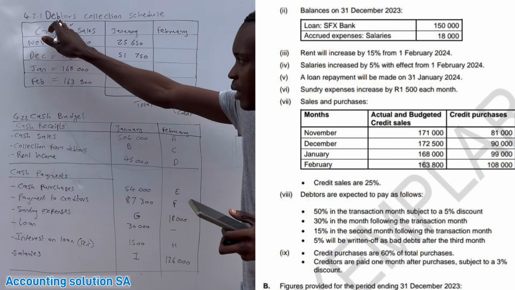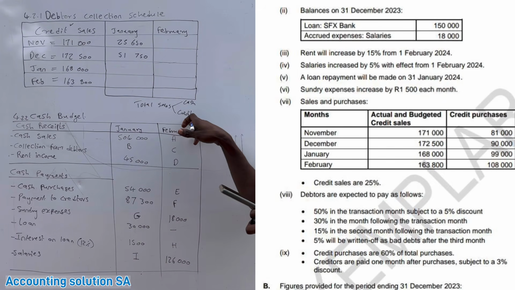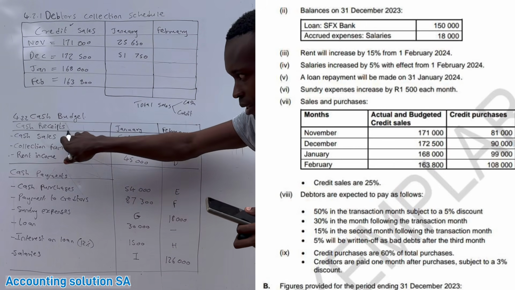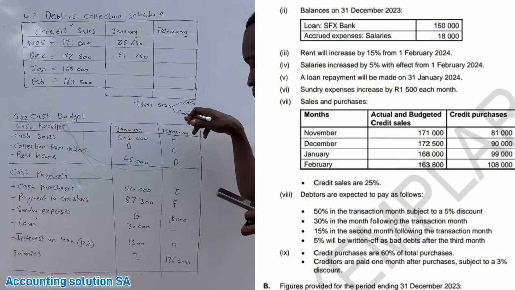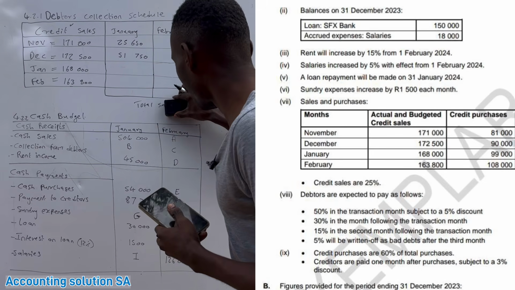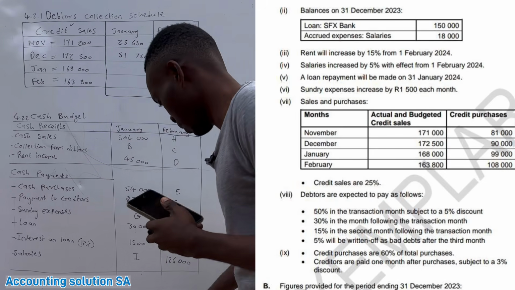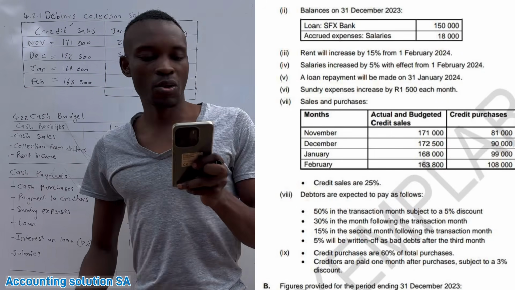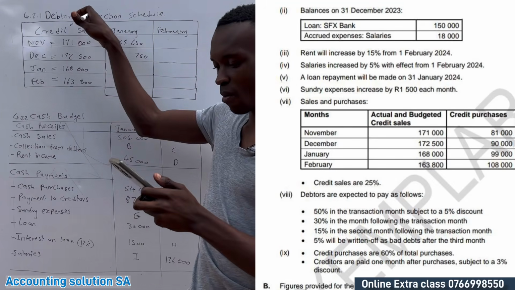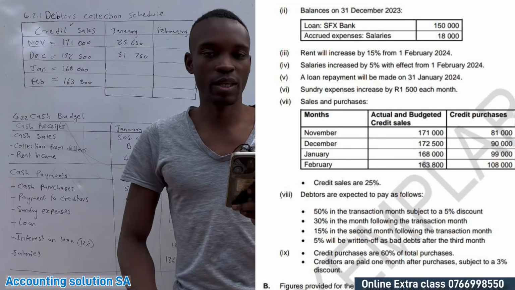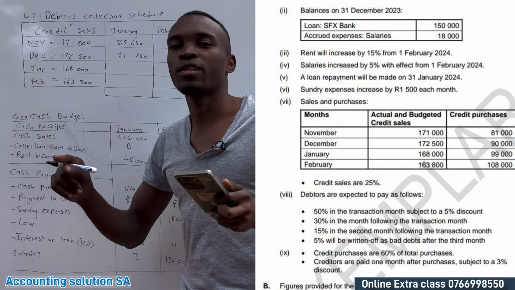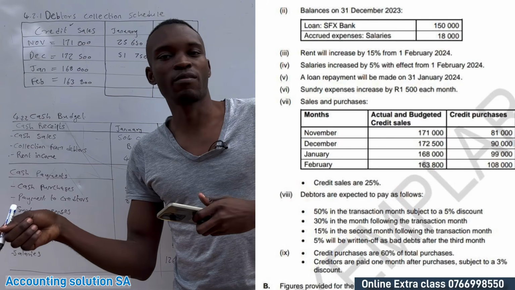What we are looking at here is credit, which is collection from debtors. Cash sales is a separate story, which means we have to split them because they are not recorded in the same column. In this case they already give us credit sales, so it was just copy and paste. That's why they list the amounts as they are on the table. If they give you total sales, you must calculate first, like what we did in the previous video.